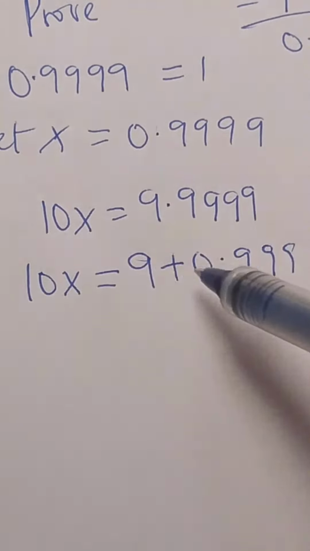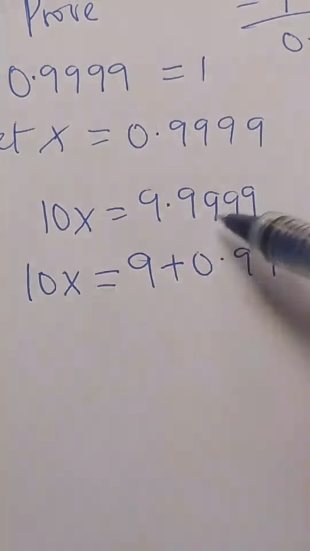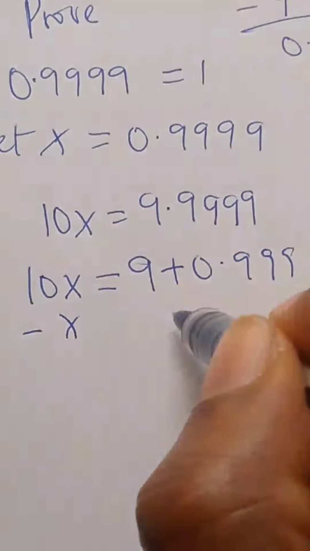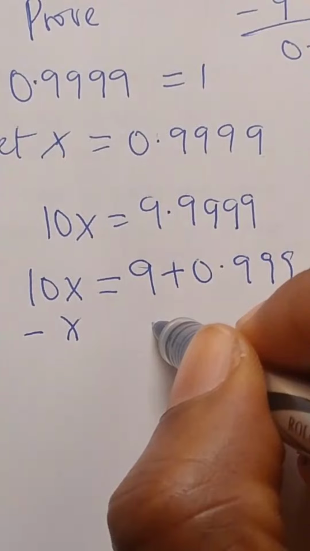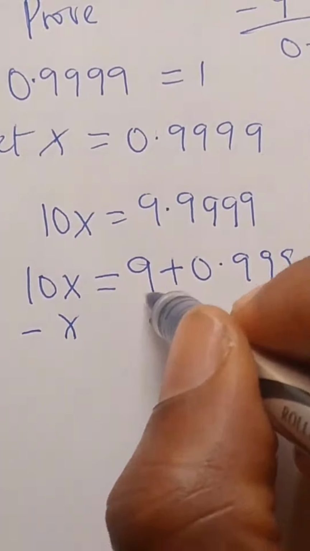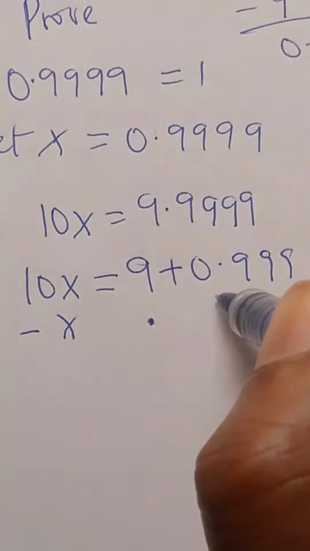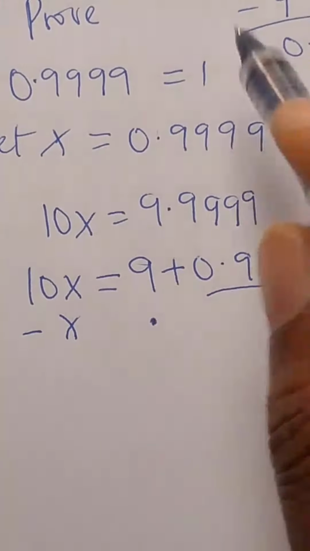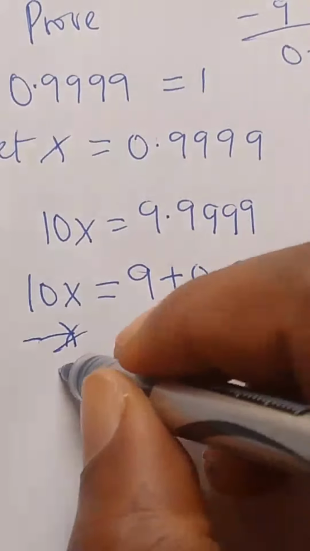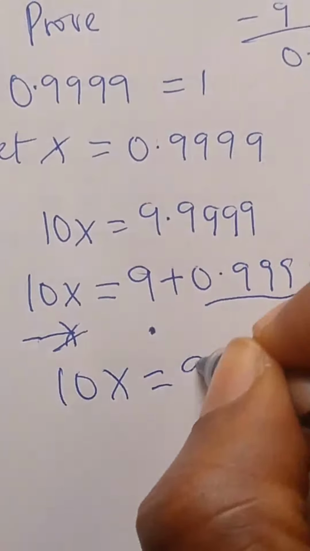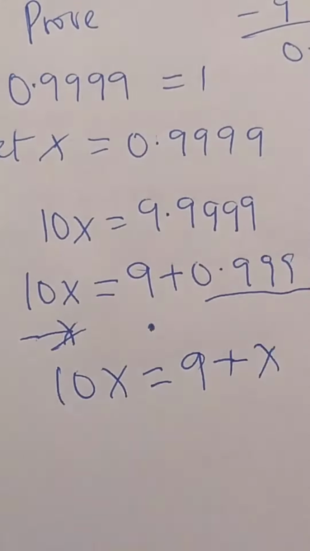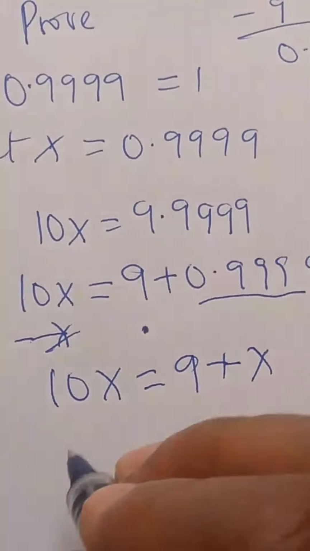So 10x equals 9 plus 0.999. You just separated 9 from the decimal. So you can say minus x here. Remember our 0.999 is x, from where you say let x be 0.999. So we have 10x is equal to 9 plus x. This is manipulation. They're just manipulating it. These things are not real mathematics.